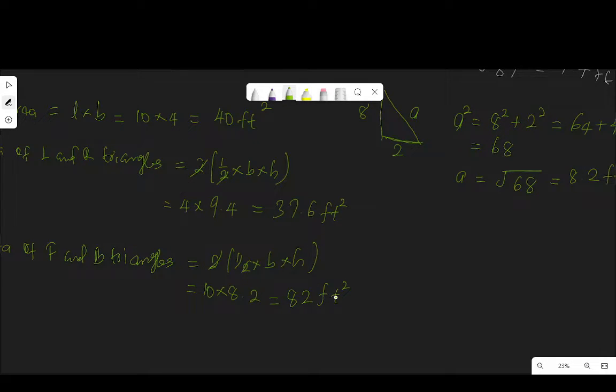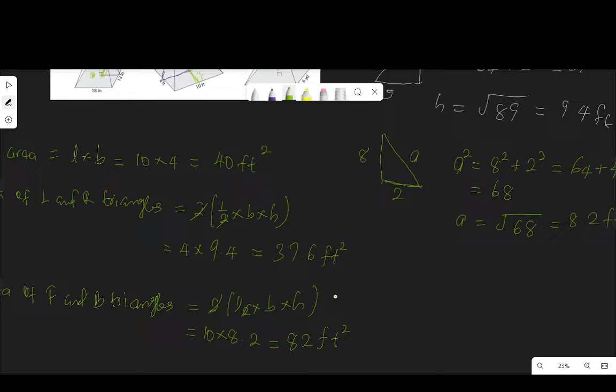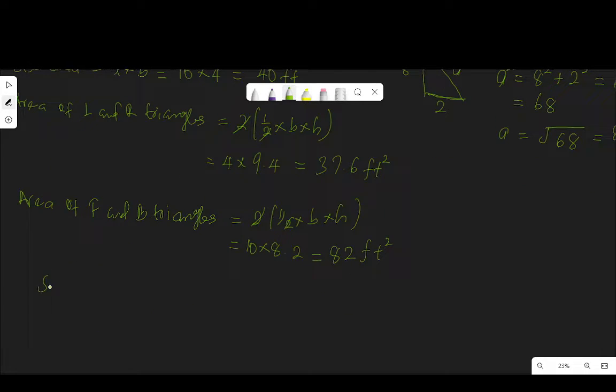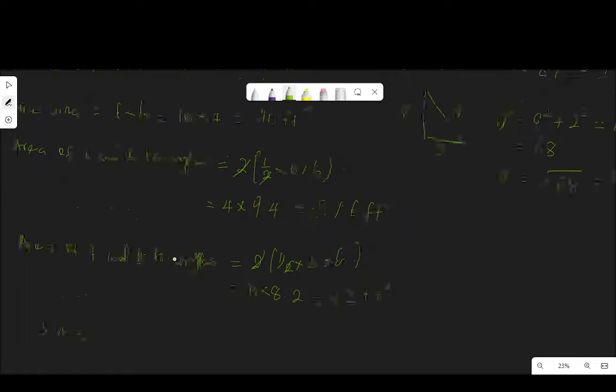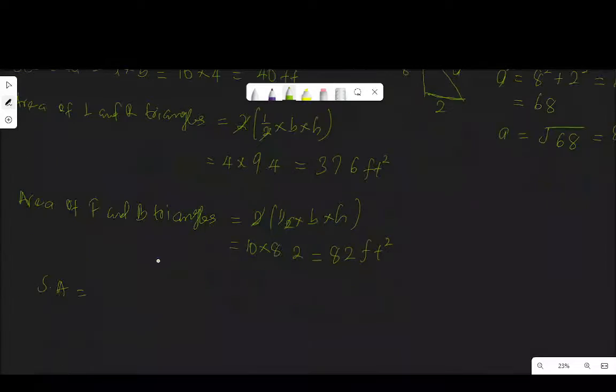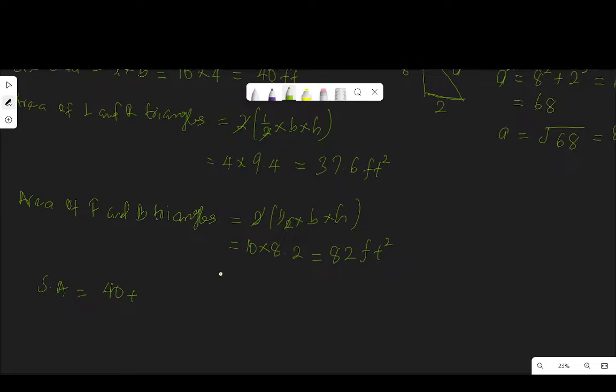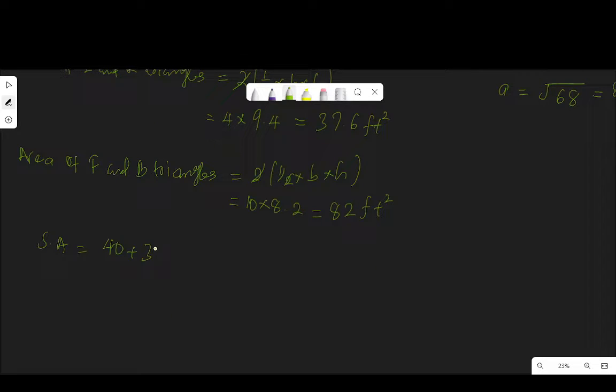So we know the area of all the faces that make up this pyramid. Let's add them up to form the surface area of this pyramid. So surface area of the pyramid will be area of the rectangular base, which is 40 feet square, plus area of the left and right triangles, which is 37.6 feet square, and area of the front and back triangles, which is 82 feet square.